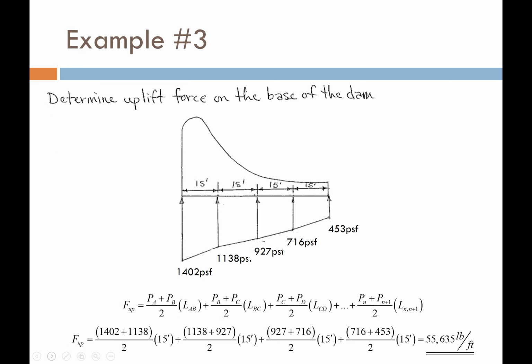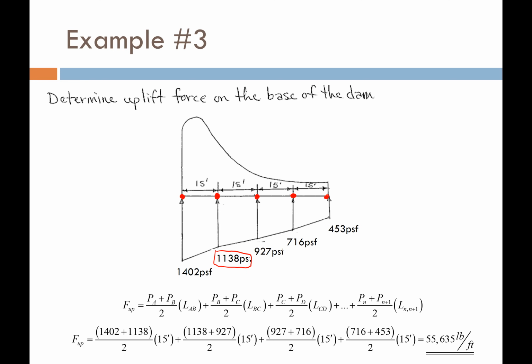So what can we do with this? Let's show you another example. Example number 3. Point B is sitting right here beneath our dam, and we already computed its pore pressure to be 1,138 pounds per square foot. But what if we compute the pressure at that point, and that point, and that point, and that point?